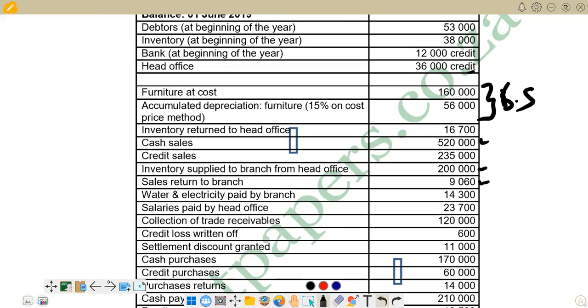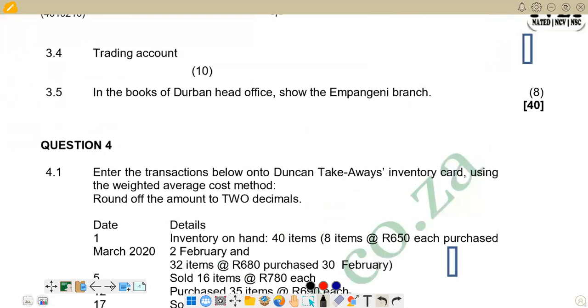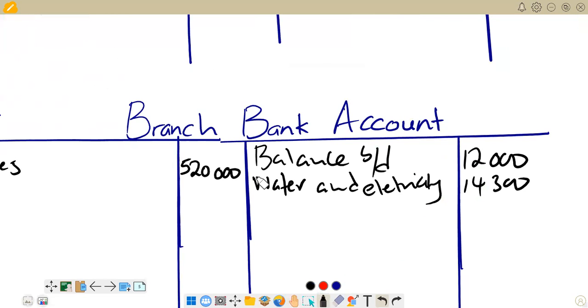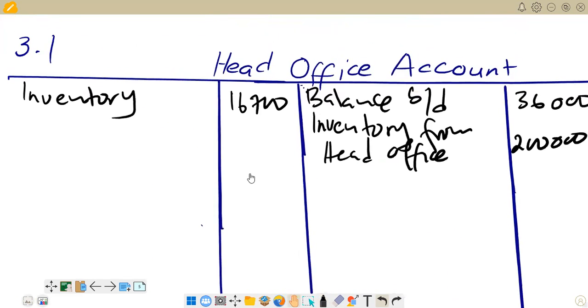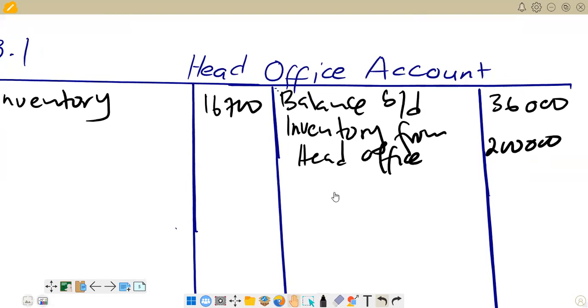So we go to the head office, sorry, we are going to credit the head office. Here we are saying branch salary. Branch salary, and the amount that we have there is 23,700.